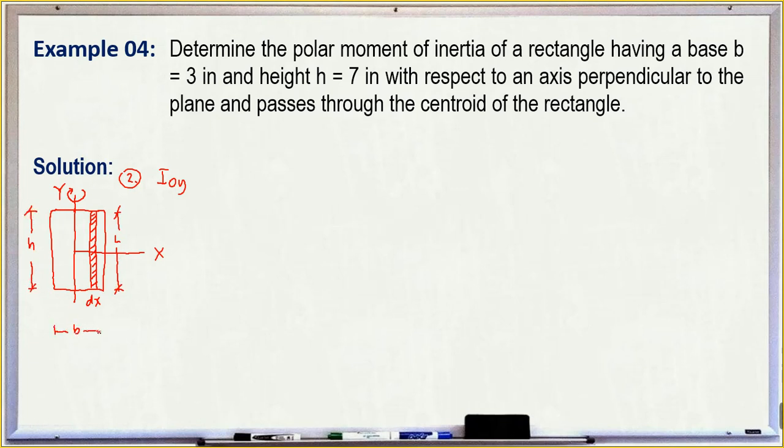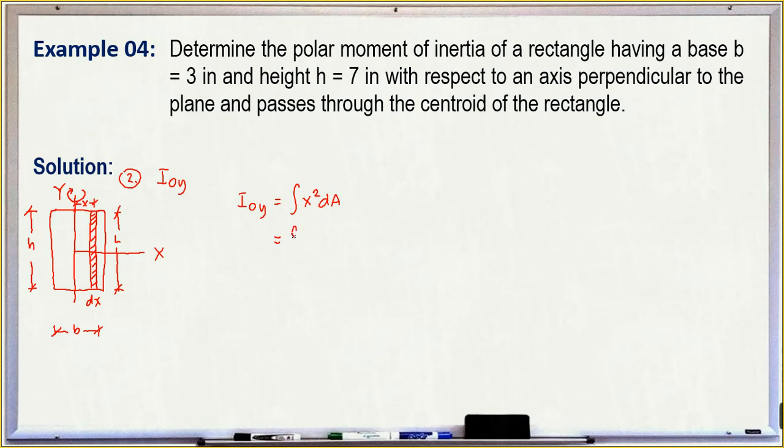Okay, its base B. Now, following the generalized formula for moment of inertia, we have IOY is equal to the integral. Okay, palitan natin denote ang distance aning rectangular strip with respect to the y-axis. So, this is x, no? Kay horizontal man.